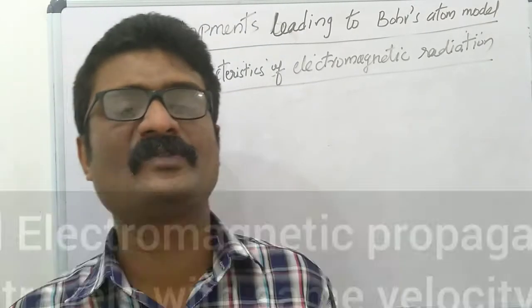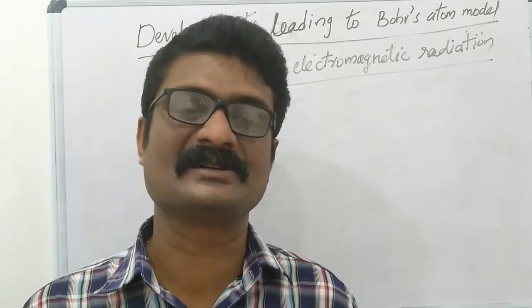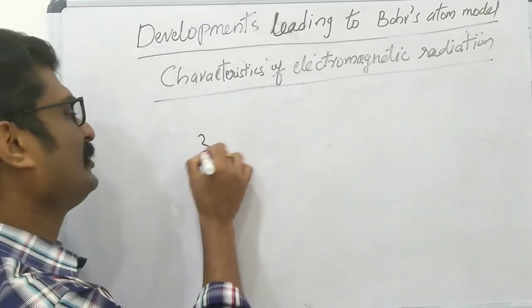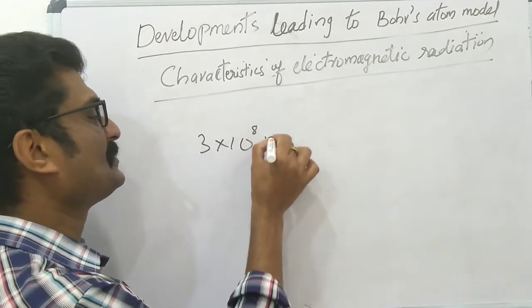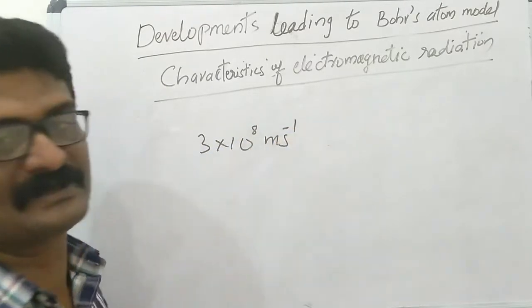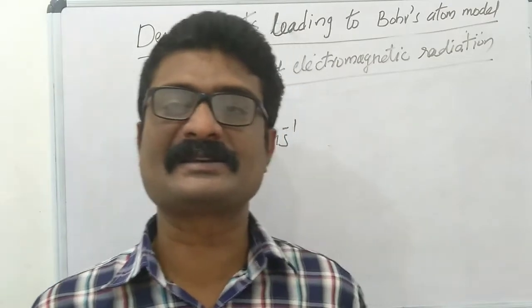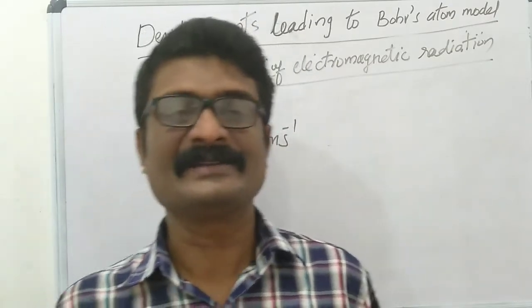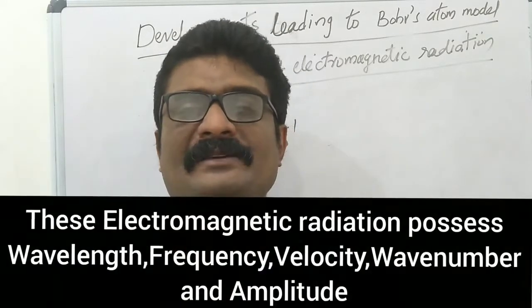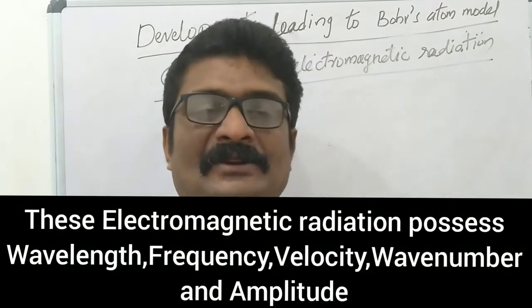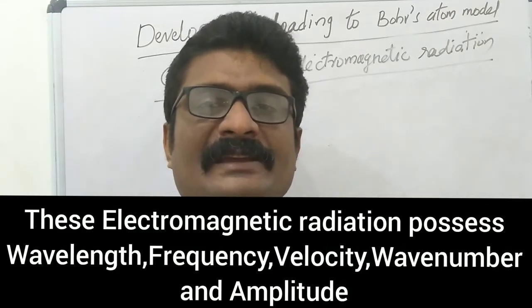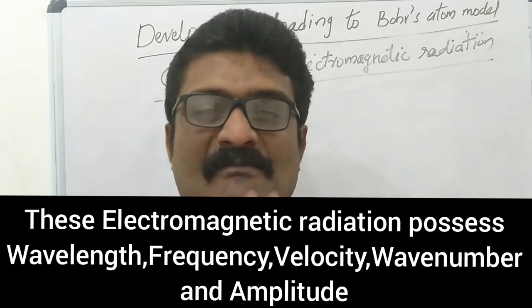The velocity of all electromagnetic radiation is 3 into 10 raised to 8 meter per second. These are the main characteristics of electromagnetic radiation. Then this electromagnetic radiation possesses wavelength, frequency, velocity, wave number and amplitude.